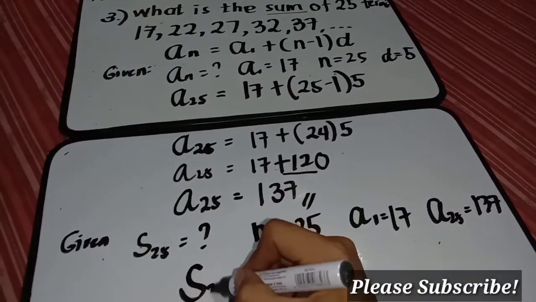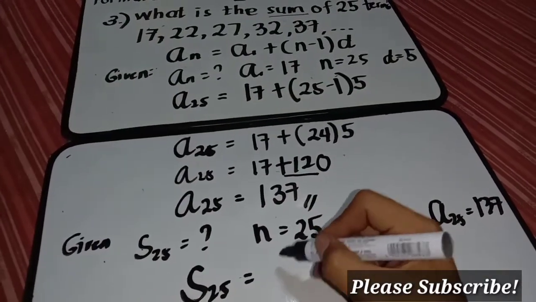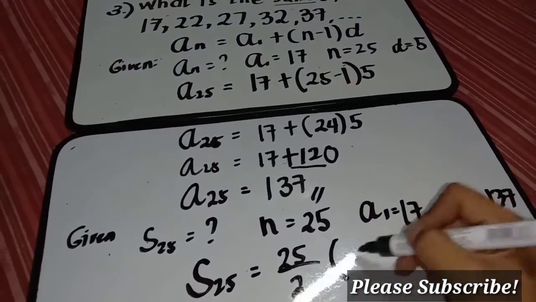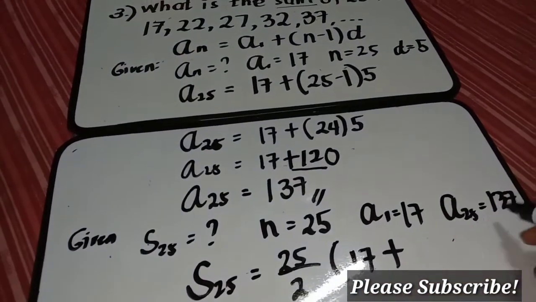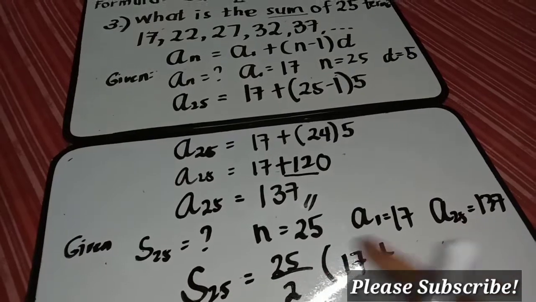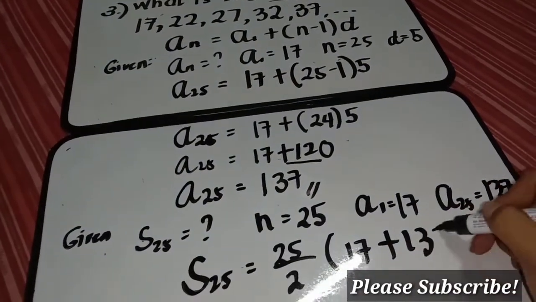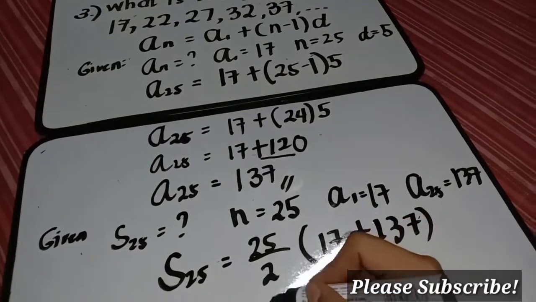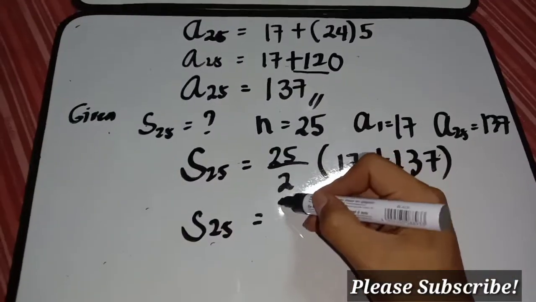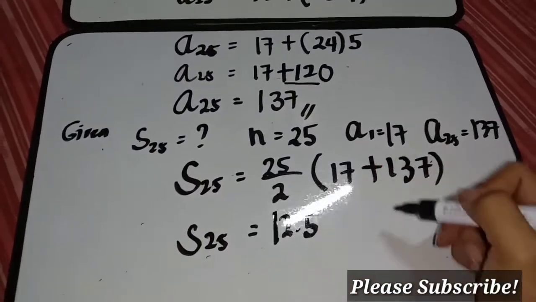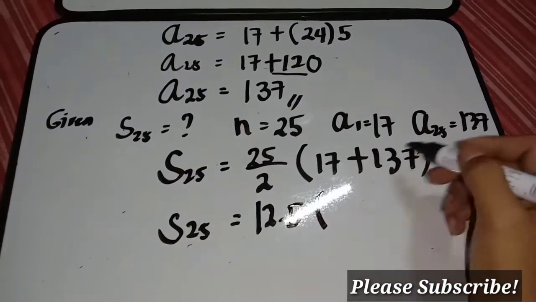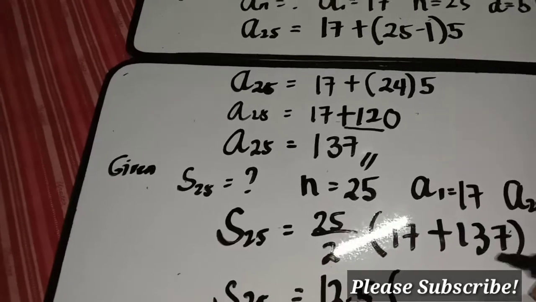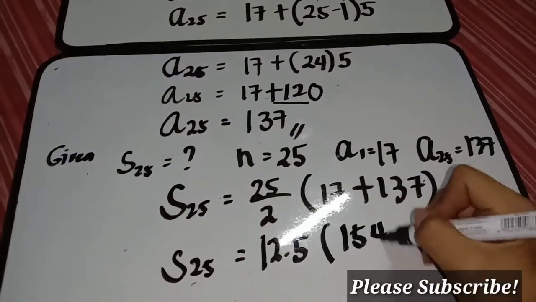So, S sub 25 is equal to 25 over 2, a sub 1, which is 17, plus a sub n. So, a sub n natin, yung last term natin, is 137. So, S sub 25 is equal to, so kung pwede natin siya, gawin natin siyang decimal point, 12.5. Then, 17 plus 137 is 154.